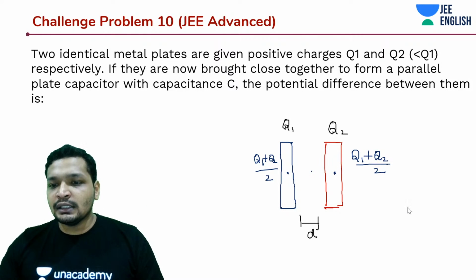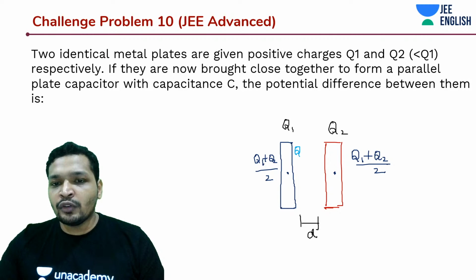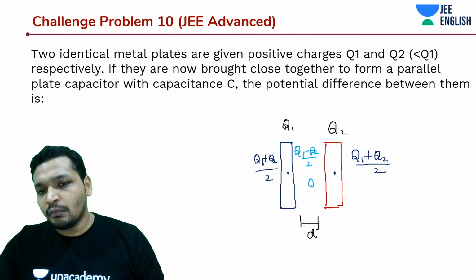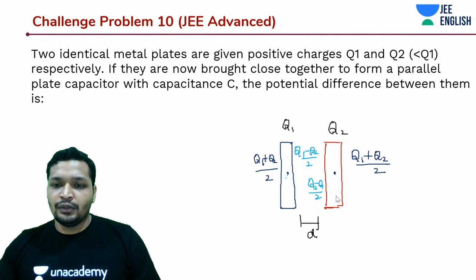And the next thing is the charges over here. What do they become? Q1 minus Q1 plus Q2 by 2, that is going to be Q1 minus Q2 by 2, and over here it is Q2 minus Q1 by 2. Let me write it down again and label it.